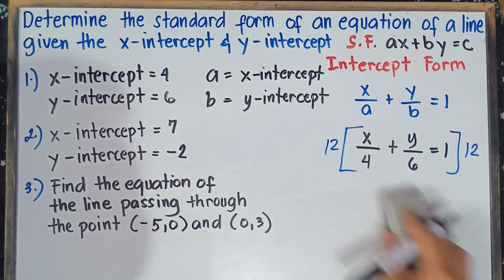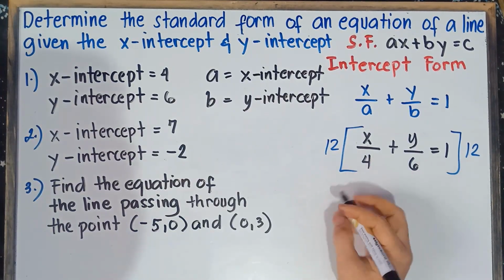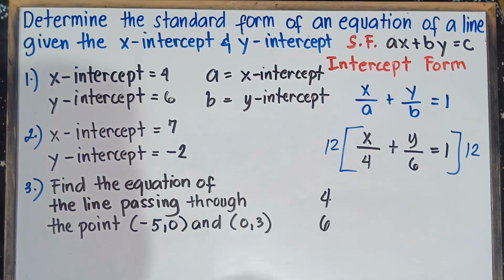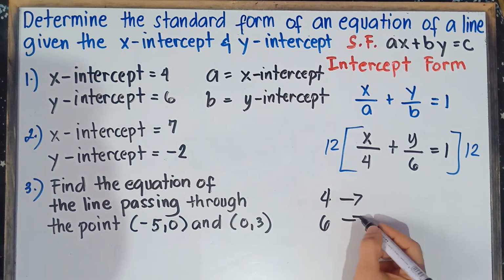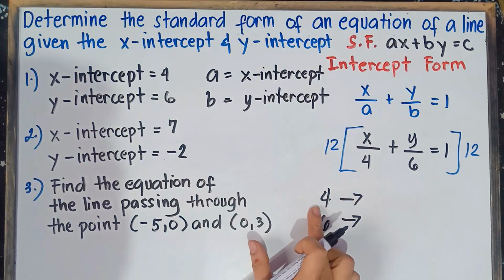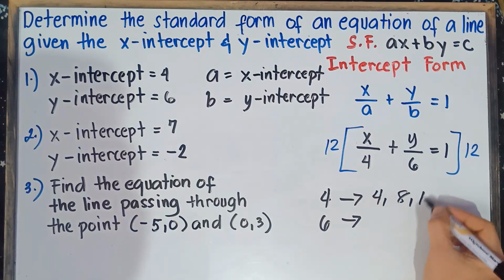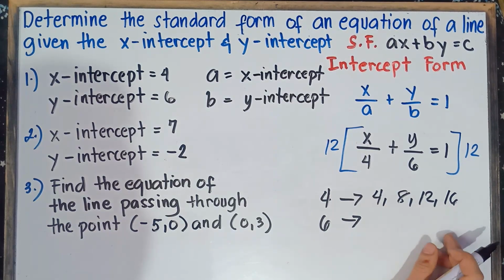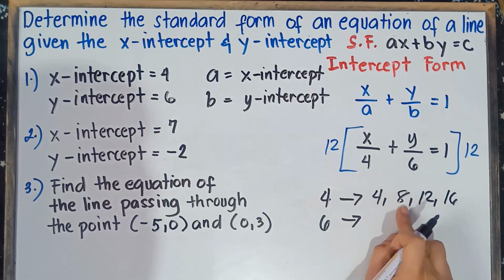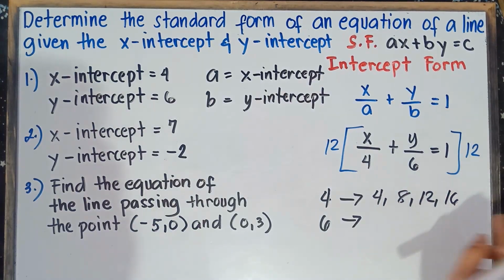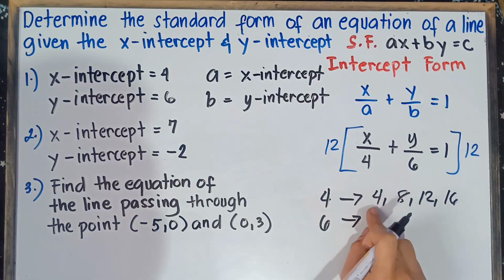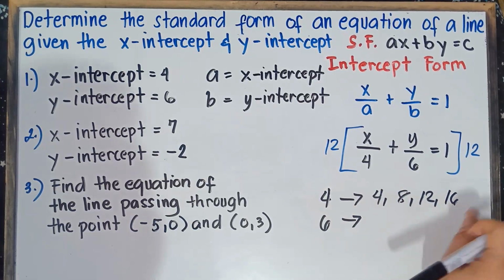During your elementary years, if you still remember, to find the LCM of 4 and 6, if the teacher asked you to find the multiples of 4, you would do it like this. Multiples of 4: 4, 8, 12, 16, 20, and so on. 4 times 1 is 4, 4 times 2 is 8, 4 times 3 is 12, 4 times 4 is 16, or plus 4: 4 plus 4 is 8, plus 4 is 12, plus 4 is 16.